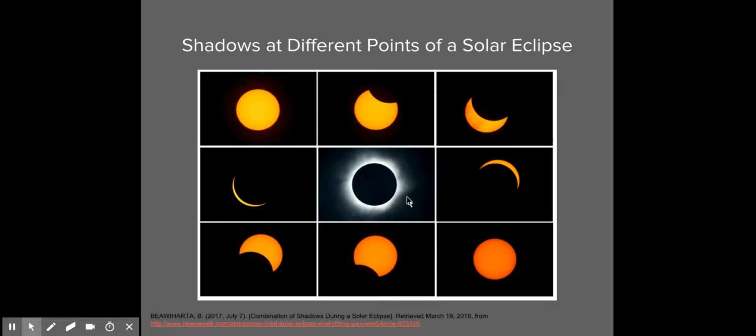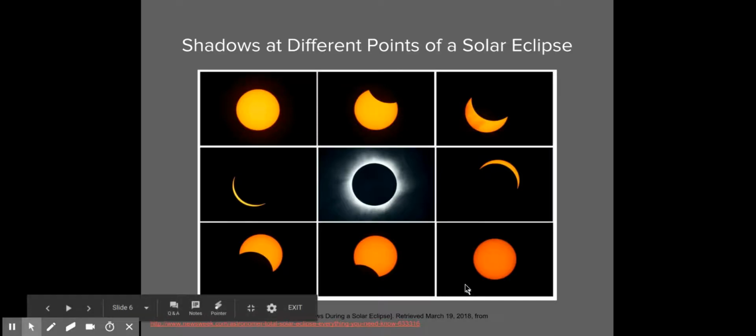Then in the center, when the moon has completely covered the sun, which we call totality, we can see the corona around the edge of the moon. After that, the moon continues in its path, going the opposite direction across the sun until the sun is no longer blocked by the moon.